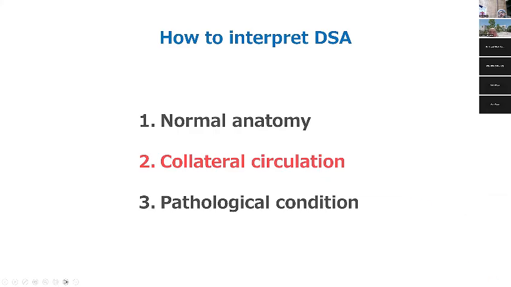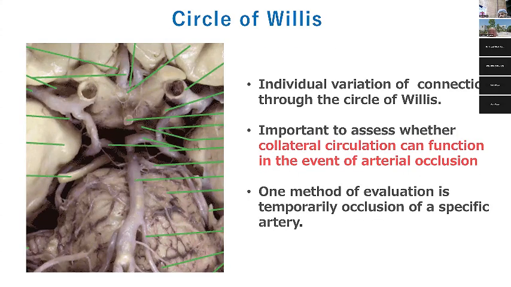Okay, from now I'd like to talk about the evaluation of collateral circulation. As you all know, the circle of Willis is very essential in maintaining collateral flow. As you can see, this is the vertebral artery, PCA and PCOM, ICA, A1, ACOM, and this is making a circle of Willis.